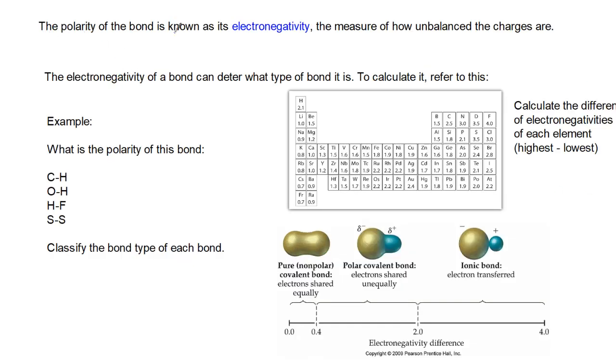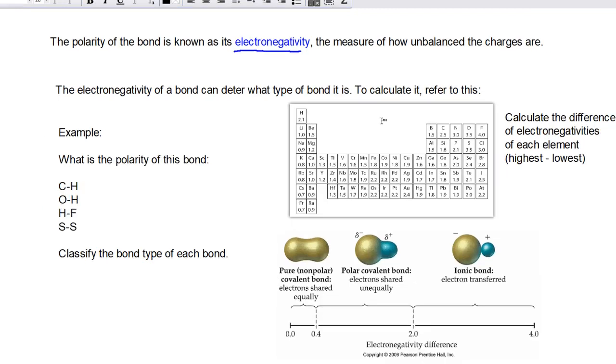So the polarity of the bond is also known as its electronegativity, right? Electronegativity. The higher the electronegativity, the more unbalanced in charge the bond is, right? So the electronegativity of a bond can determine what type of bond it is.